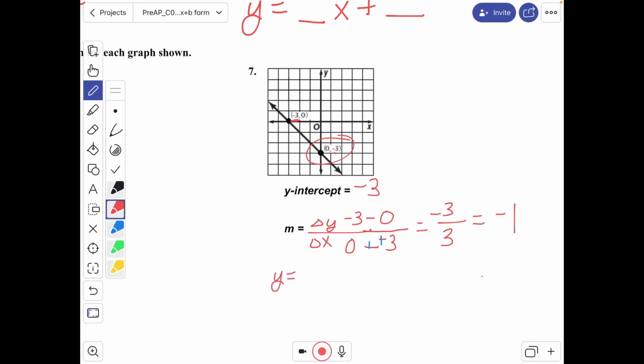If we plug that into the equation, the slope is -1 and the y-intercept was -3. But we usually write that as y equals, and we don't usually put a 1 in front of the x. So I'm not going to put the 1. I'm just going to put -x minus 3. Those are the same equations, exactly the same.